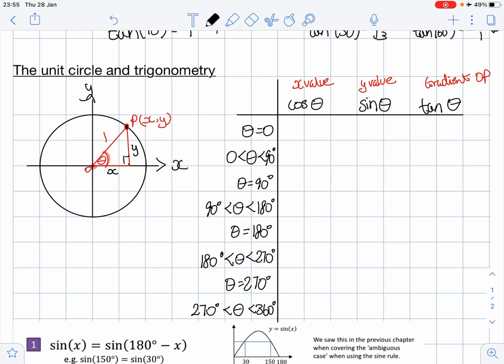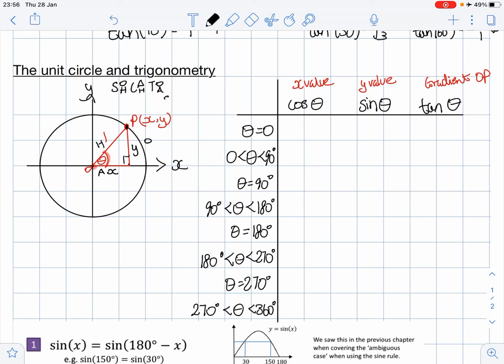Therefore, we can look at our SOHCAHTOA again. From previously we know that the opposite side is going to be y, the hypotenuse is going to be 1, and the adjacent is going to be x.